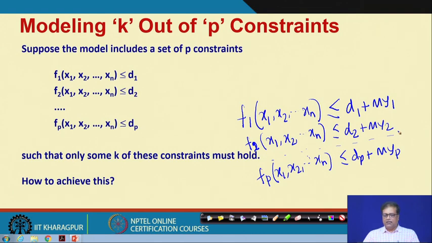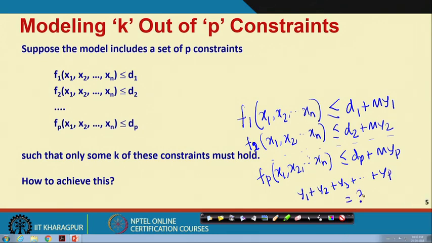So, all these constraints. What is your idea about y1 plus y2 plus y3 plus up to yp, should it be equal to k or something else? Just think over.